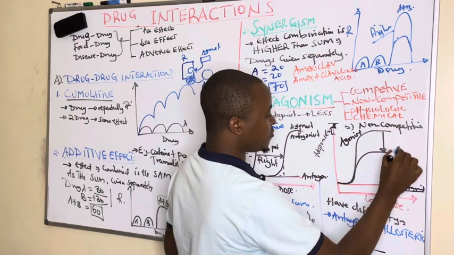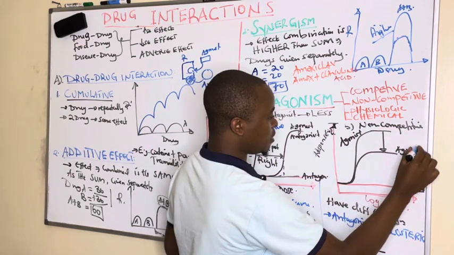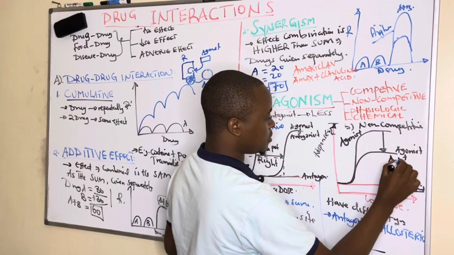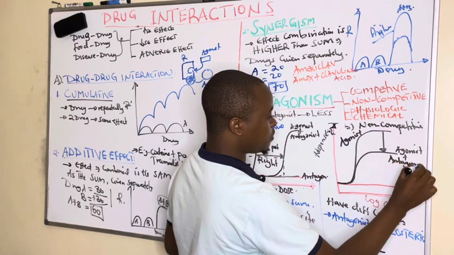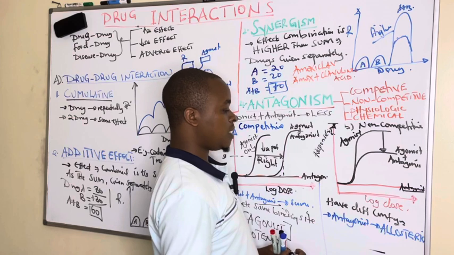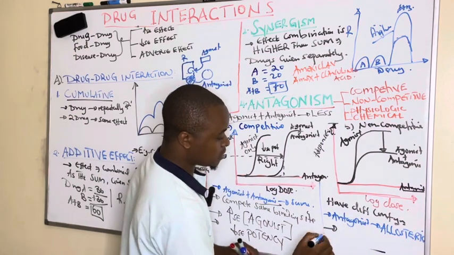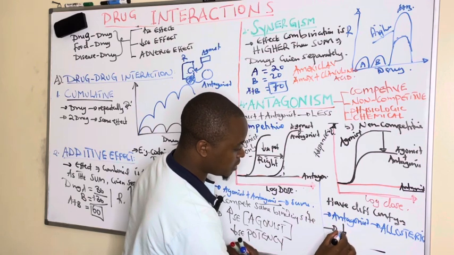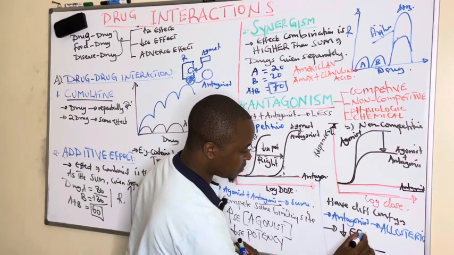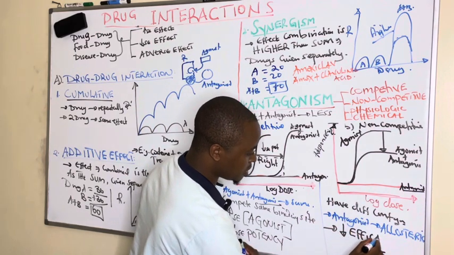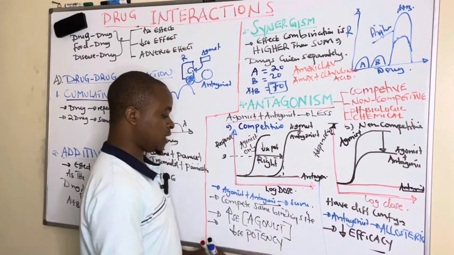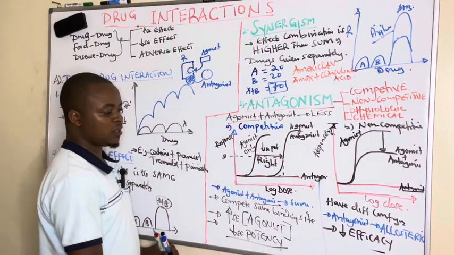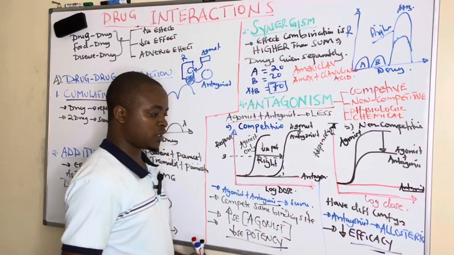This is in the presence of both agonist plus antagonist. So the response decreases, and that's why we say this non-competitive antagonist decreases drug efficacy. The competitive one decreases potency, whereas this one decreases efficacy.